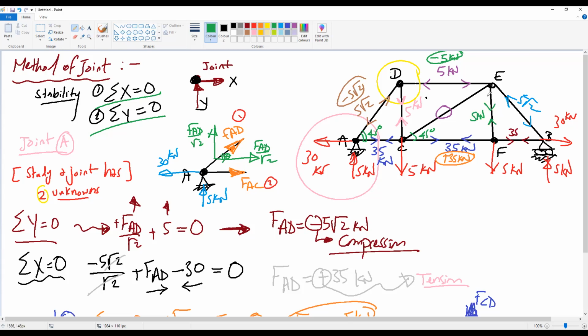Okay. All good? No question? Is the method of joint easy, or do you have problem with the method of joint? This is the two methods we can use for truss analysis: method of joint or method of section.